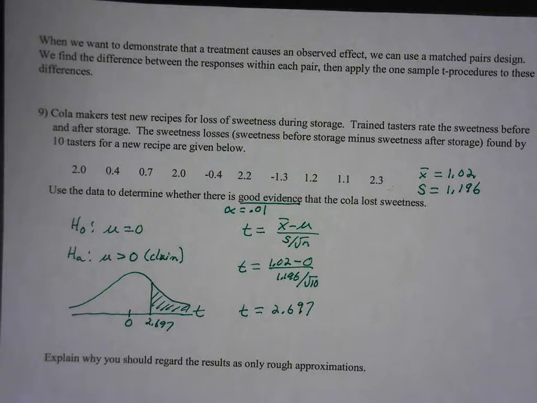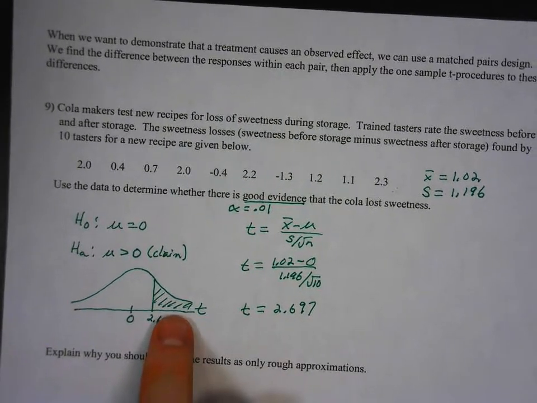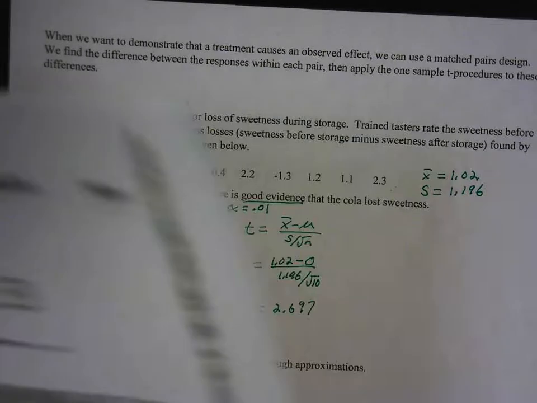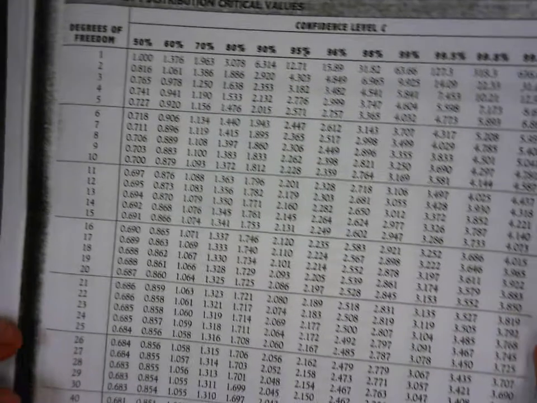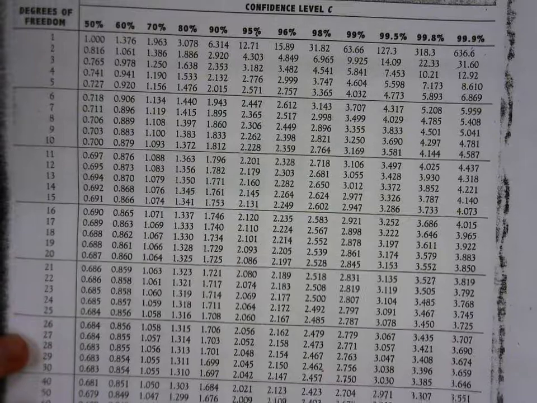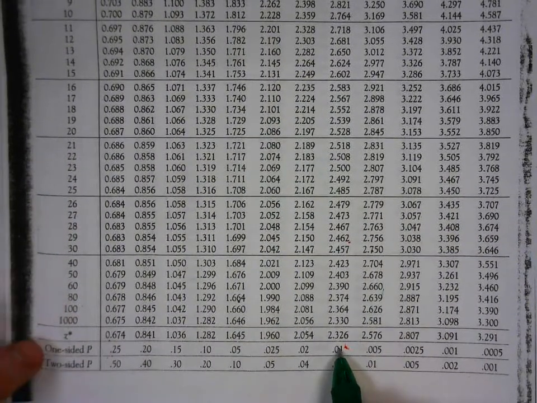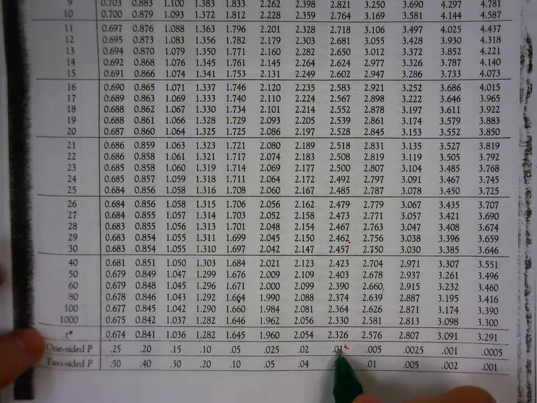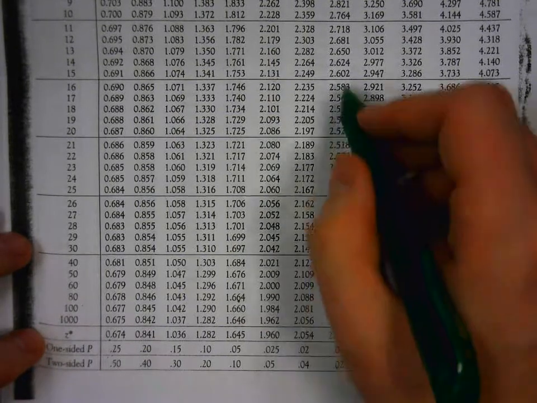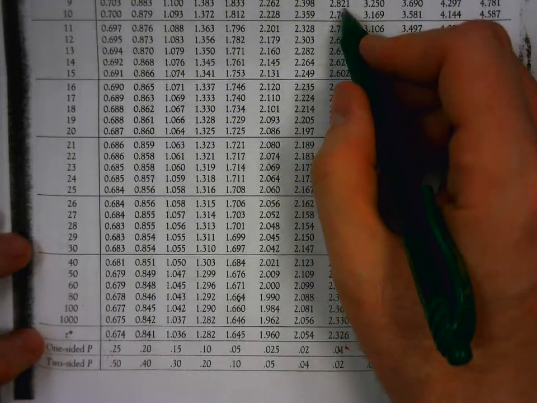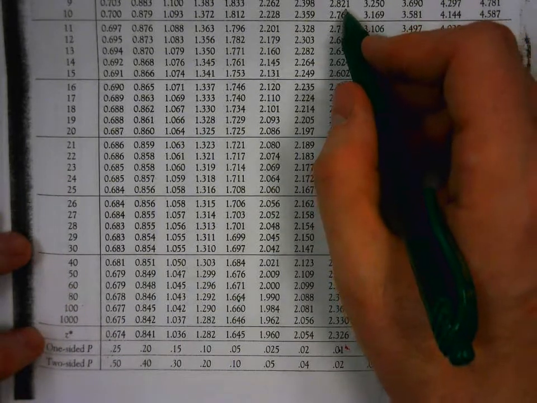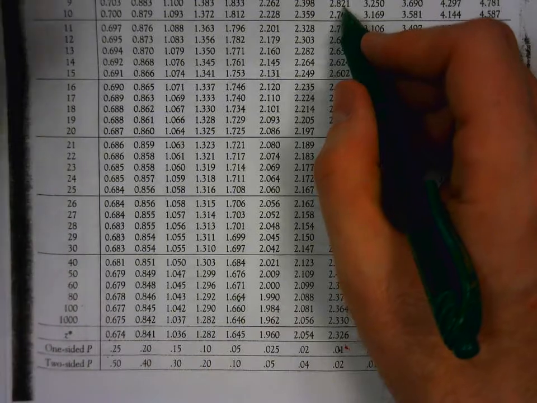So when we look up an alpha value 0.01 in one-sided p, and there were 10 data values, that means 9 degrees of freedom. So we go way up here to 9 degrees of freedom. That gives us 2.821.